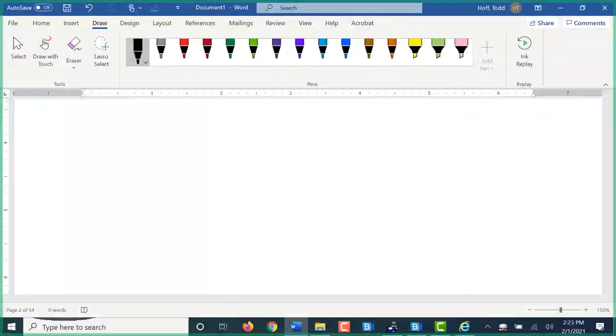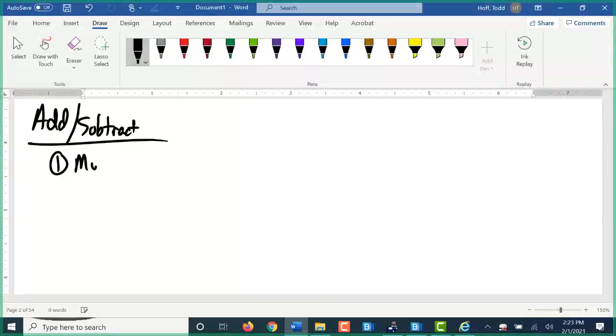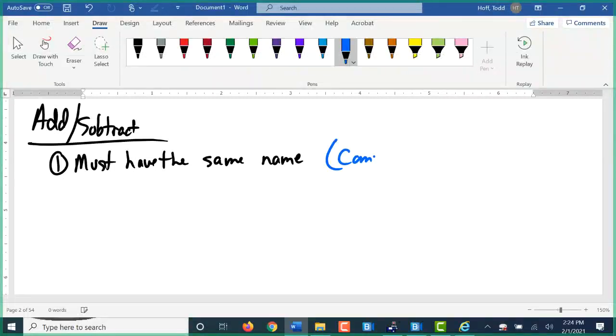Now we can look at doing operations with our fractions. Remember, to add or subtract fractions, they must have the same name, that means we must have a common denominator.